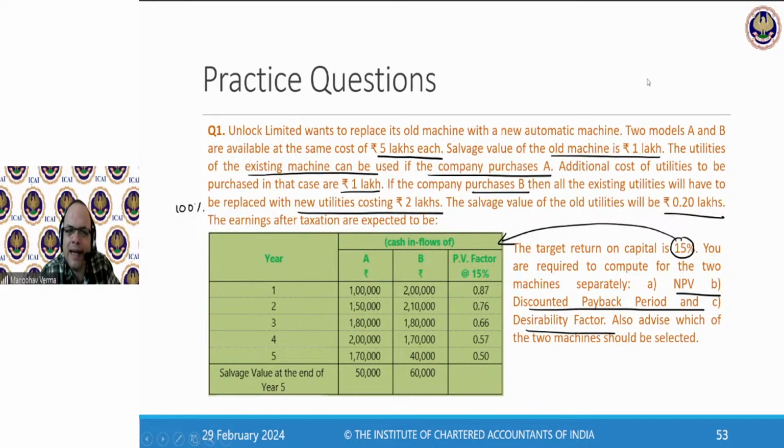Or is there anything else going on for a different machine? Initial investment is 5 lakhs for both, but is there something to do with the utilities, guys? So if I talk about project A, what is the initial investment?